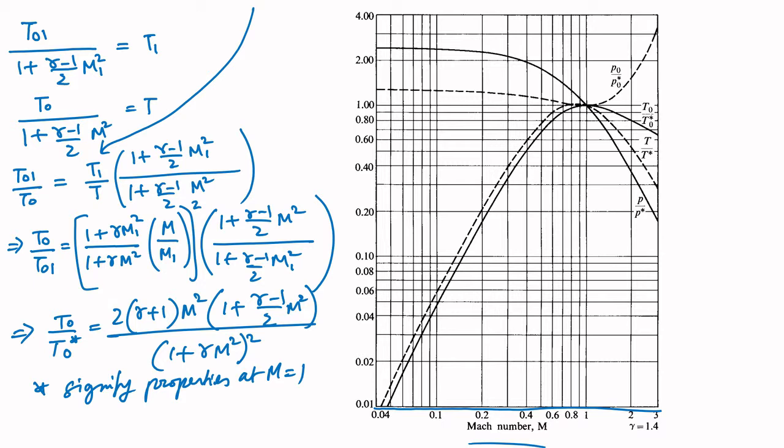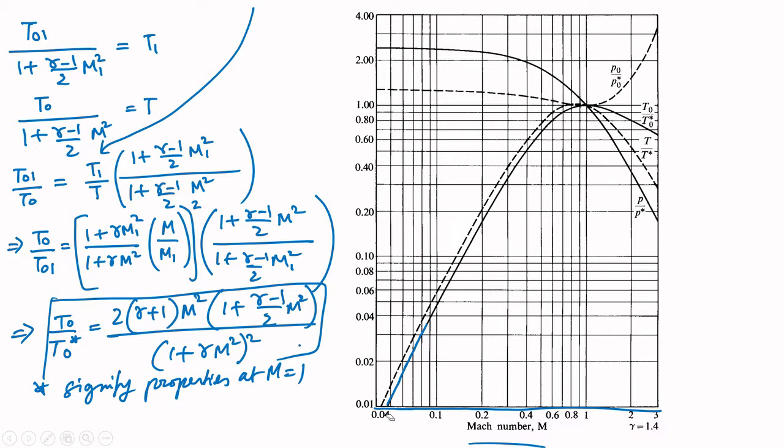Let us consider this plot, the T0 by T0 star plot, which is essentially a solution of this. If you plot this, you will get this.